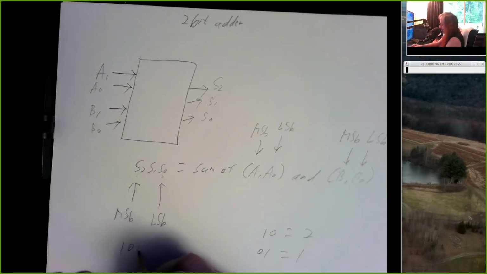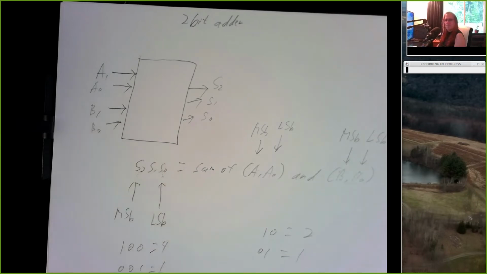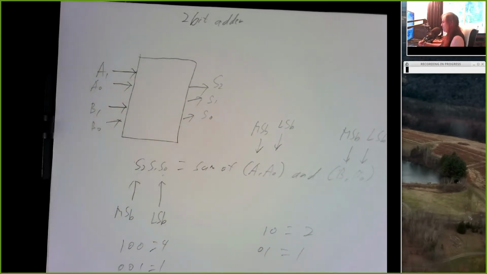Over here, a number like 1, 0, 0 represents 4. 0, 0, 1 represents 1. But you could find places where that is switched, but not in this course. So most significant, least significant, and we use these rather than left and right. Most significant is the one that multiplies by the greatest power of 2.